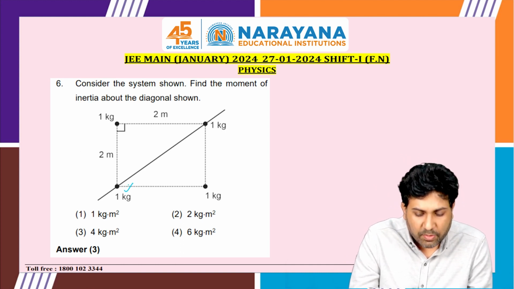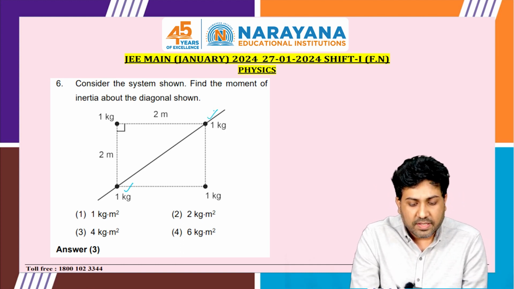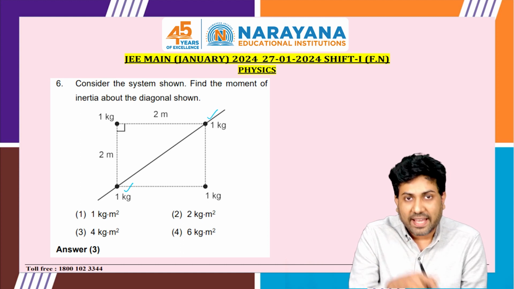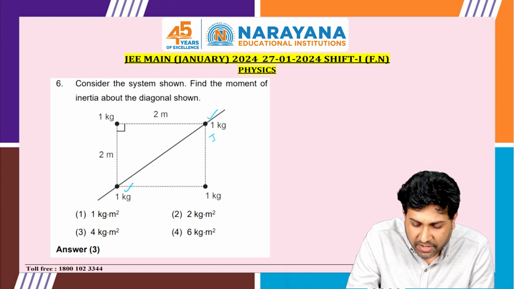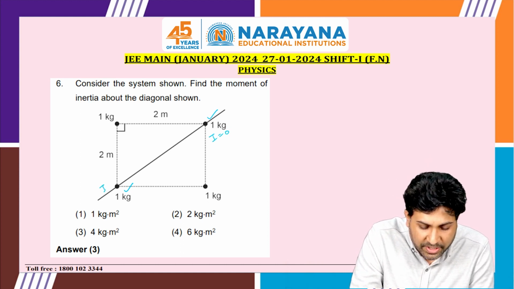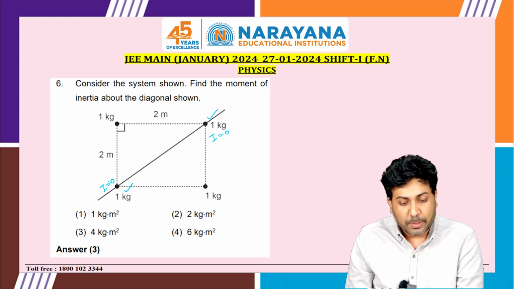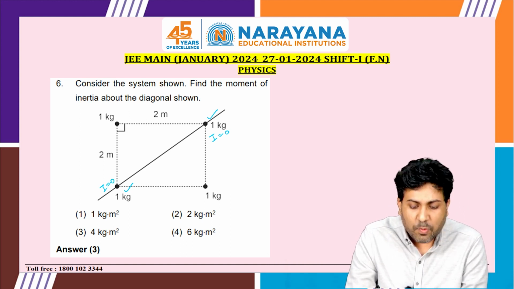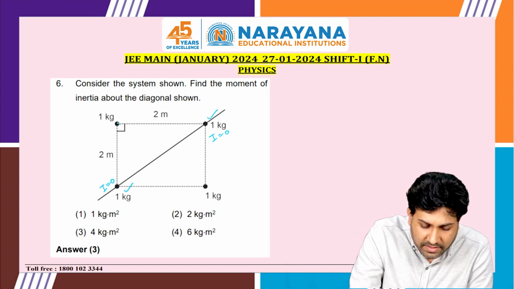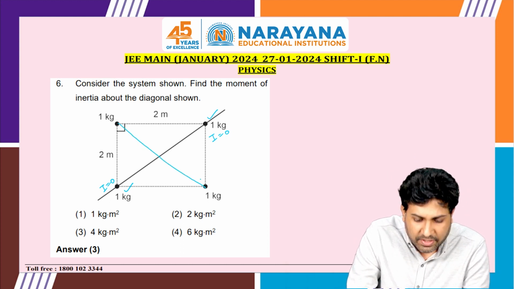Now for this particular mass and this particular mass, these two masses are already on the axis. That means the moment of inertia for this will be 0, and for this also it will be 0. Because it's a square, the two diagonals are perpendicular.